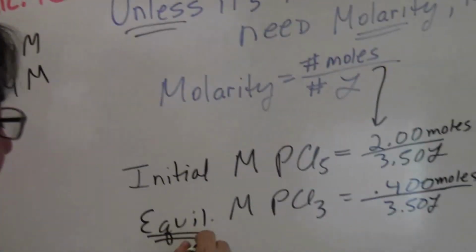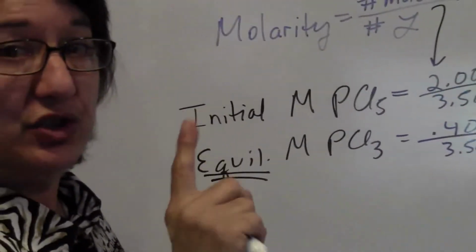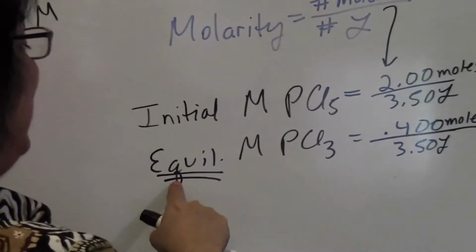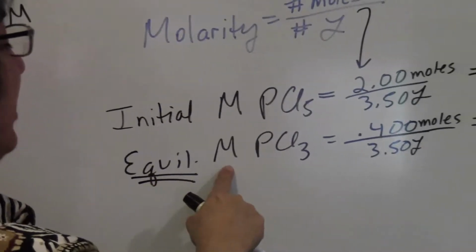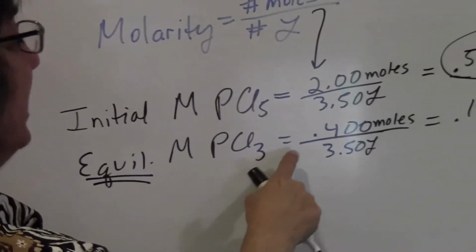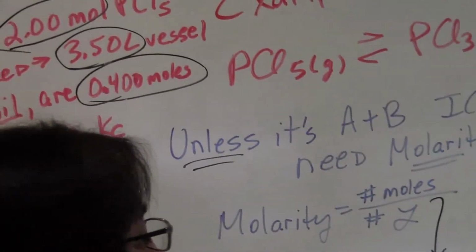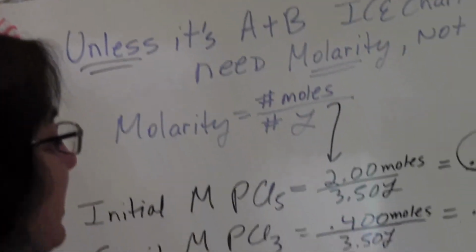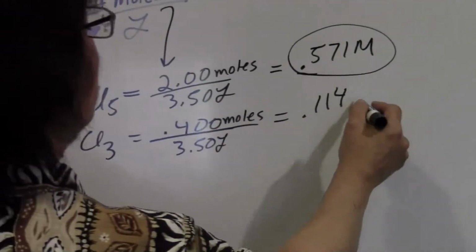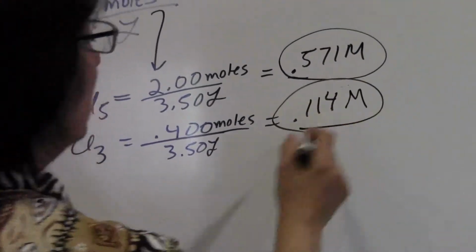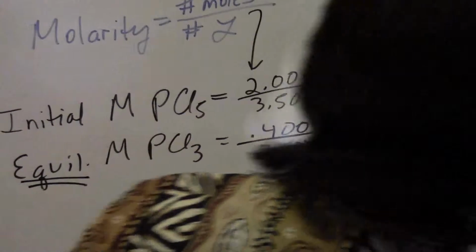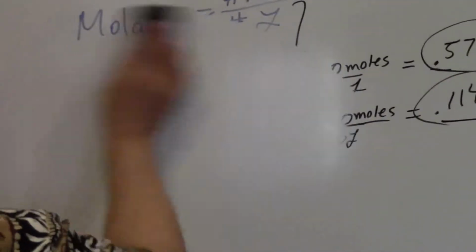At equilibrium, and don't confuse initial and equilibrium, at E in the ICE chart, the molarity of PCl3 is 0.400 moles divided by 3.5, which gives us 0.114 molar. So let's plug these values into our chart.